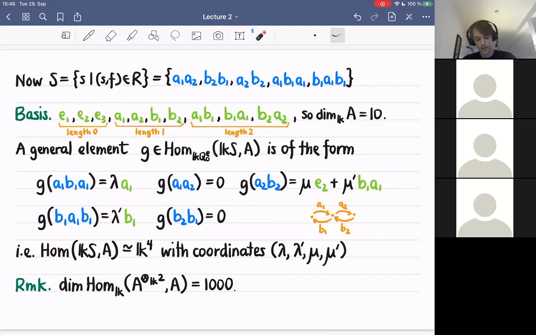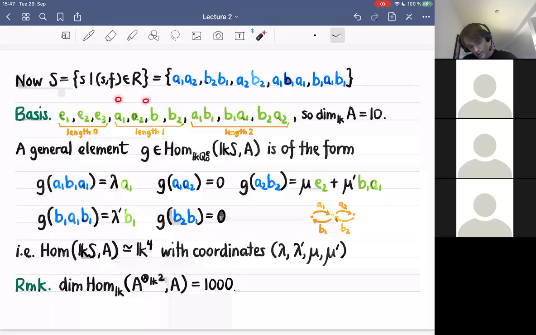So when we look at an element G in Hom from KS to A, a bimodule morphism, we want to send it to A. So we look at parallel irreducible paths. And so A1, B1, A1 here, right?